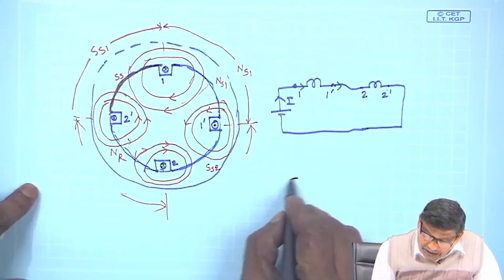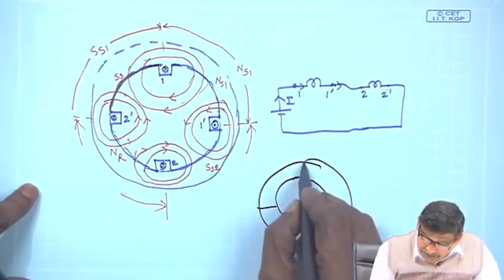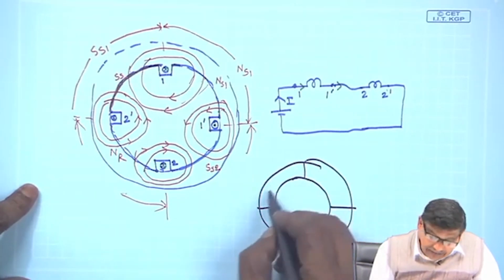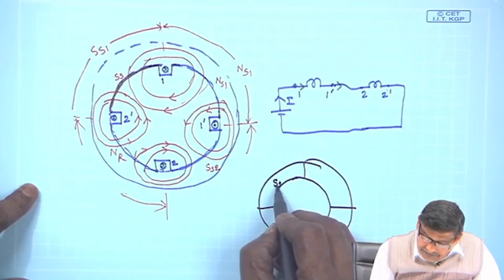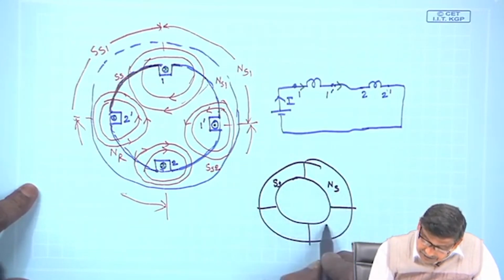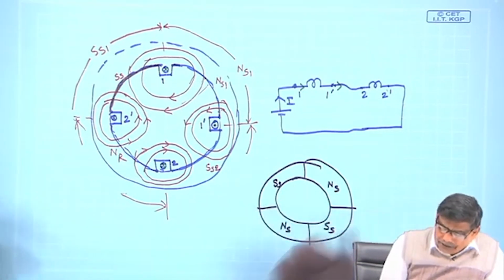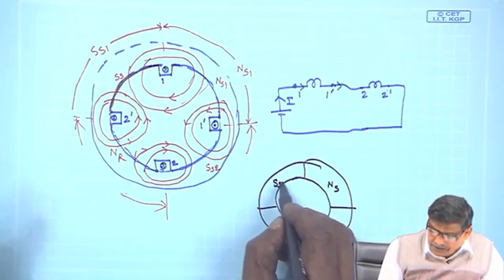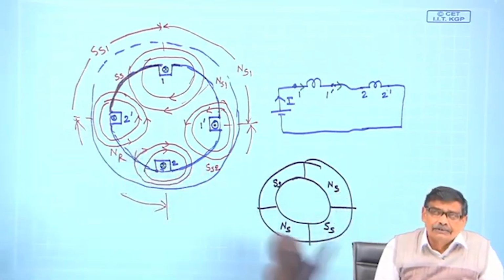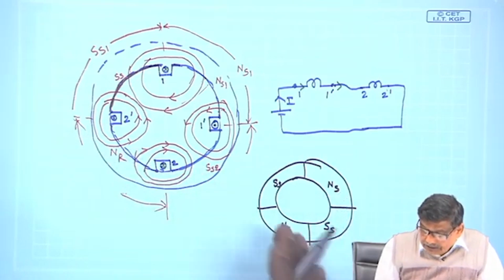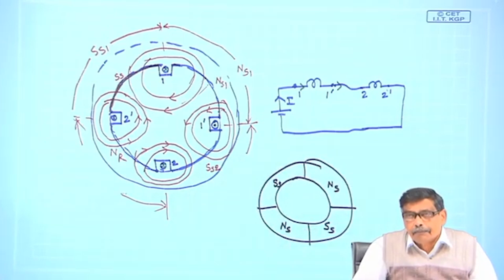So, ultimately, this quarter is this south pole SS, this is NS, once again SS, and this is NS. If you want to distinguish between 1 and 2 you can name SS1, NS1, SS2, NS2, that will not be necessary. So, this is how I can make a full 4 pole arrangement.